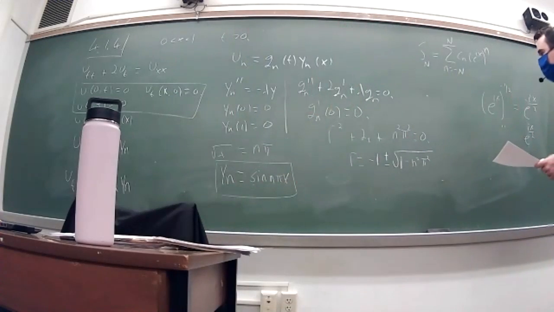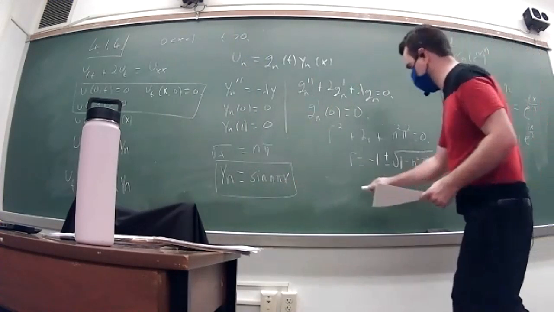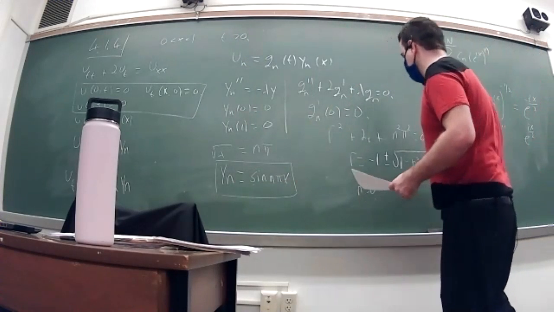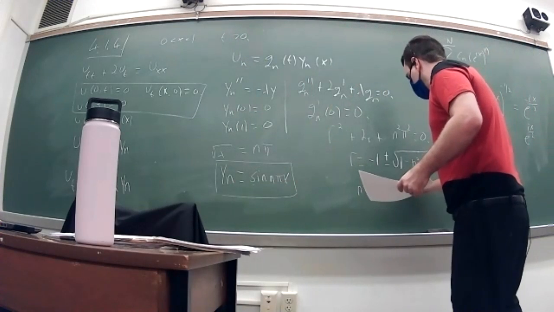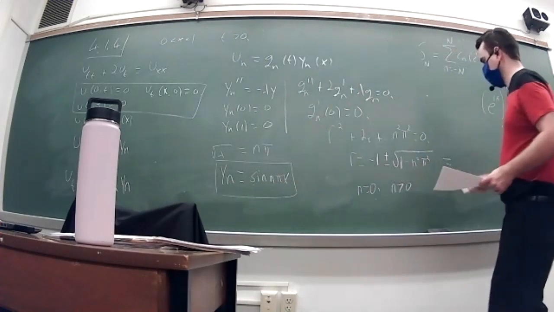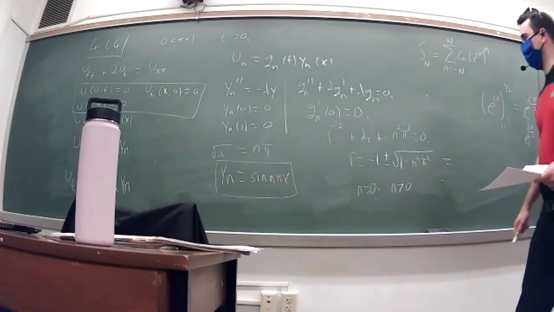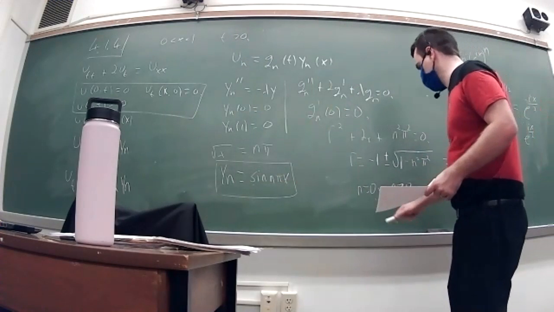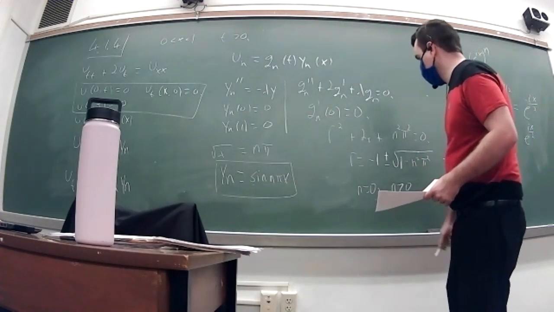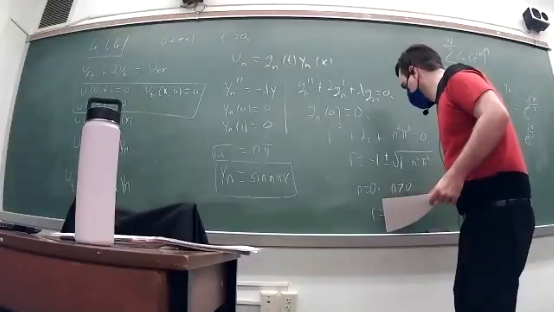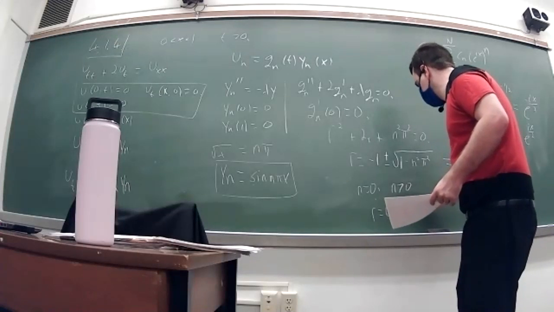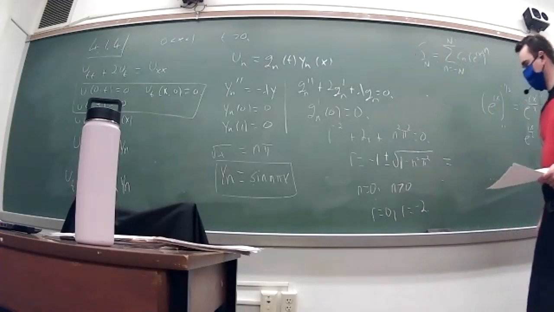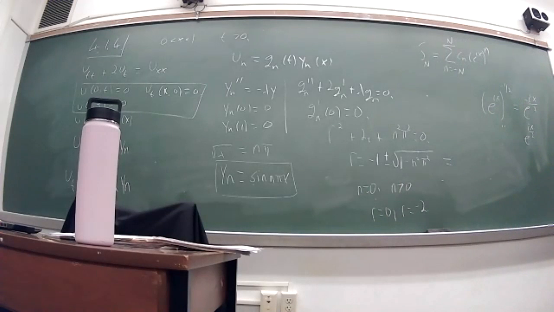And so you should think of this as, like, there's two cases. So either n can be 0 or n is bigger than 0. If n is equal to 0, then your two roots are just r equals 0 and r equals minus 2.